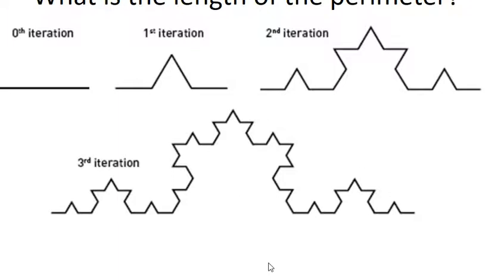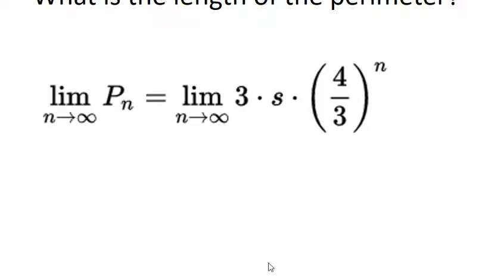What if you looked at the length of the sides? Okay, all right. So first iteration, or the 0th iteration, you have a length of whatever side, length s. Then the next one is 4/3 times that, and then 4/3 times that again. And so basically you get a length of the side that looks like this.